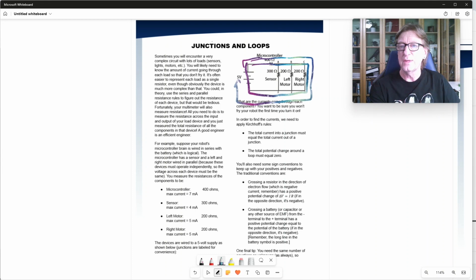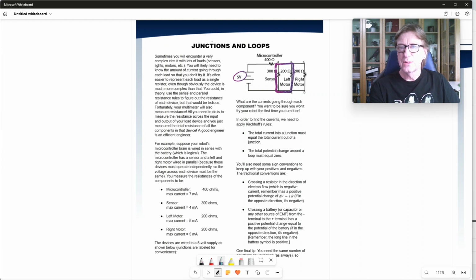So I'm not going through the sensor and the left motor one. That would be one loop that must add up to be 0. Another possible one would be this loop right here, even though there's no voltage source there. So you see my voltage source here is 5 volts, but the change around that loop must also be equal to 0.